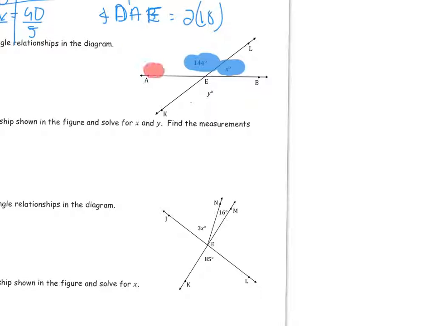So these form that straight line, and since they form a straight line, I know that x plus 144 equals 180, and then I can solve to find out what x is.